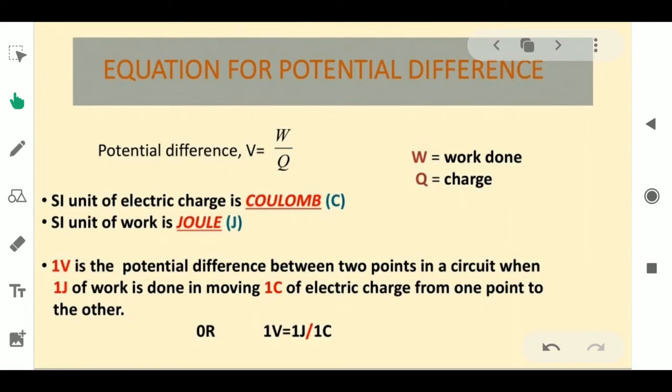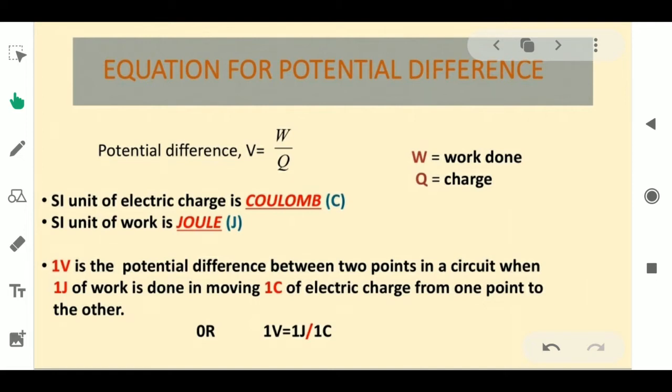1 volt is the potential difference between two points in a circuit when 1 joule of work is done in moving 1 coulomb of electric charge from one point to the other. The same definition in another way: potential difference is the amount of work done in moving a unit positive charge from one point to the other.